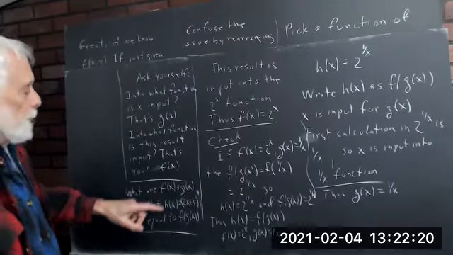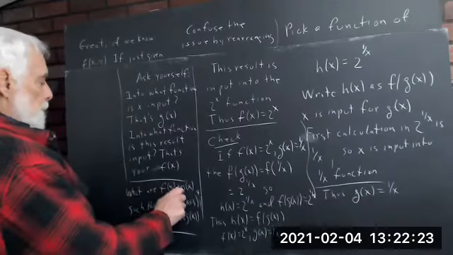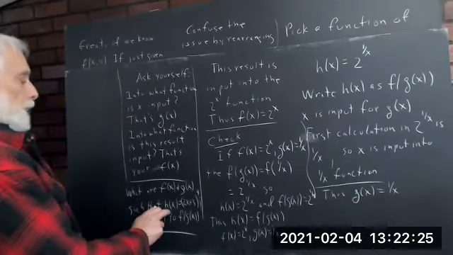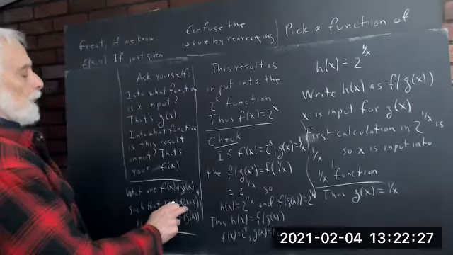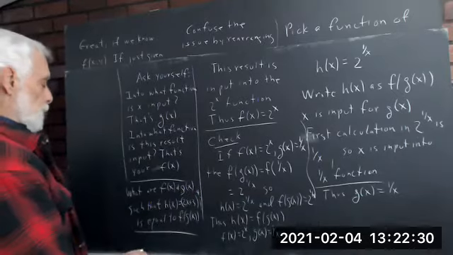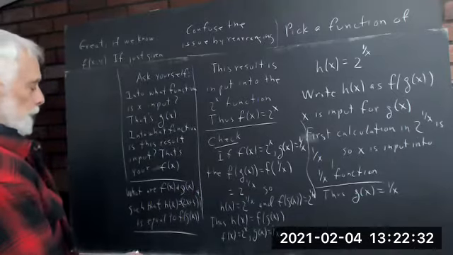So the question is, we want to have f of x and g of x such that h of x equals the quantity 2x plus 3 raised to the 4th power is equal to f of g of x.